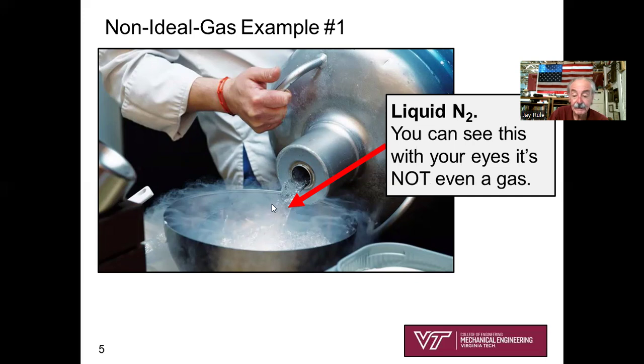But anyway, it's gassing off. So the liquid nitrogen is very quickly turning into a gas, right? And that's what you're used to. But obviously, liquid nitrogen could not be considered an ideal gas, could it? It's liquid.